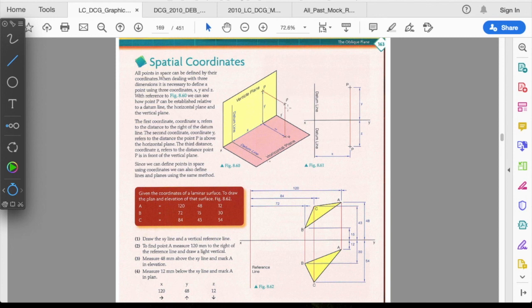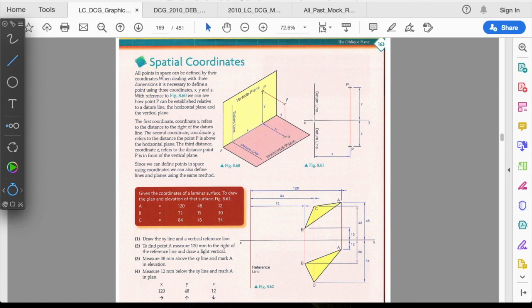This point P is a certain distance up from the horizontal plane, a certain distance away from the vertical plane, and a certain distance away from the datum line. Okay, so we get given three dimensions for doing our spatial coordinates.